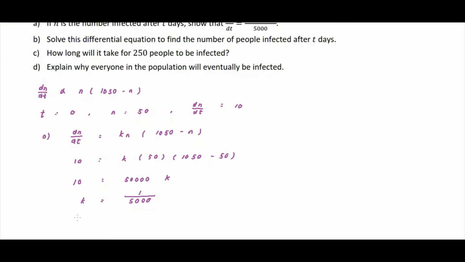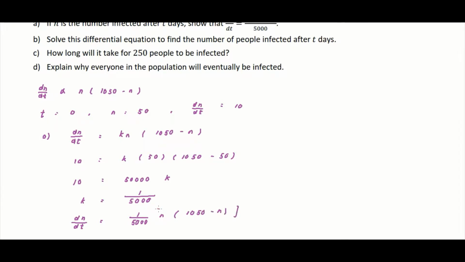Now we put it back into the equation. So dN/dt will be equal to 1 over 5,000. I think we can straight away write it: 1 over 5,000, multiplied by N and multiplied by (1,050 minus N).